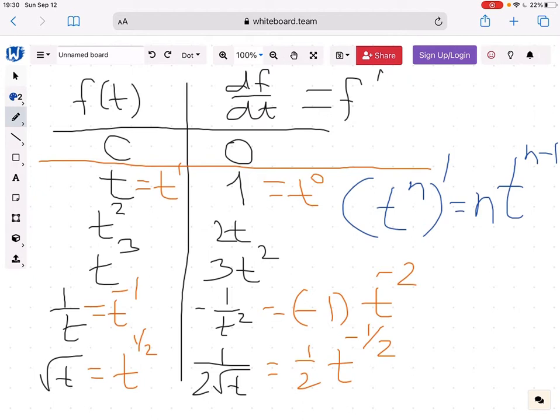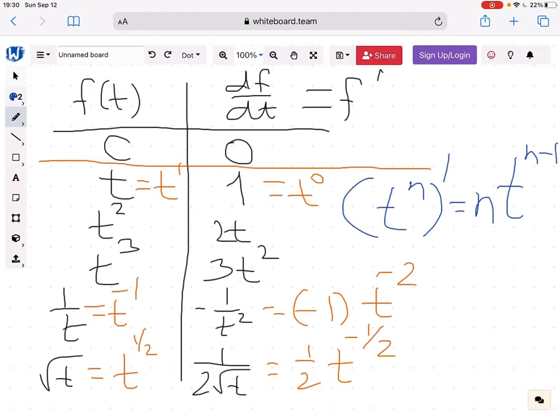All right? And that formula works for any of those powers. We looked at powers 1, 2, 3, minus 1, 1/2. In fact, this formula works for any n, when n is a real number. It could be positive, it could be negative, it could be integer, it could be non-integer.